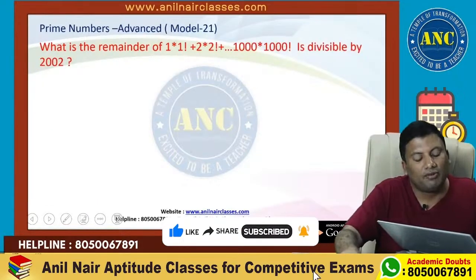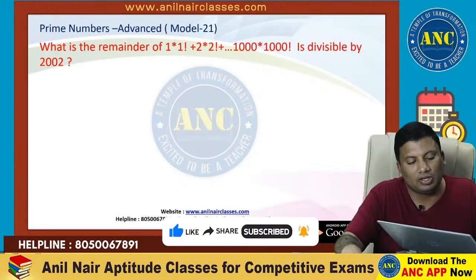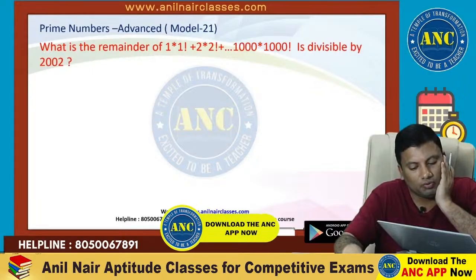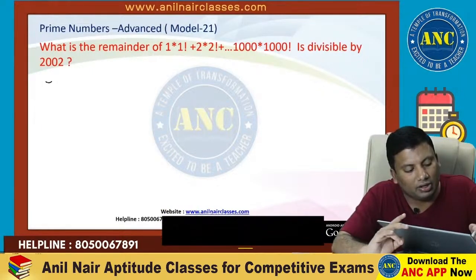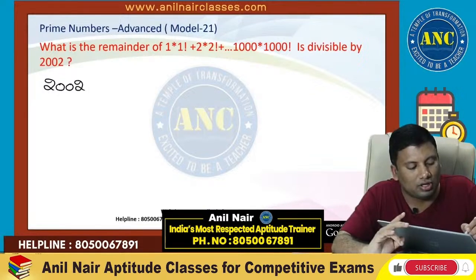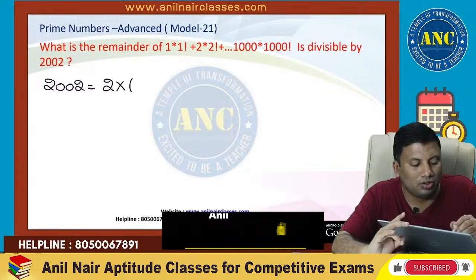Next one, what is the remainder of 1 into 1 factorial plus 2 into 2 factorial up to 1000 into 1000 factorial divided by 2002? 2002 is nothing but 2 into 1001.